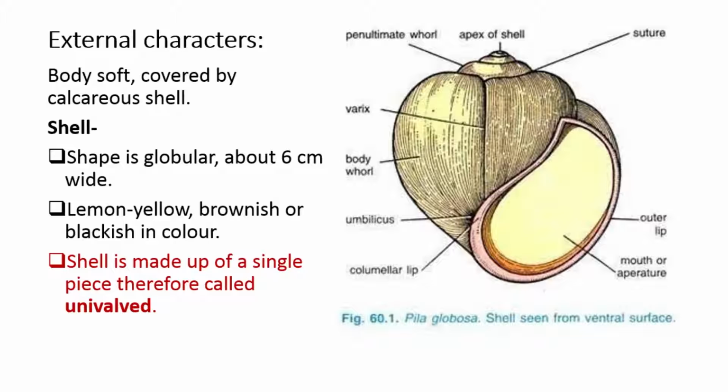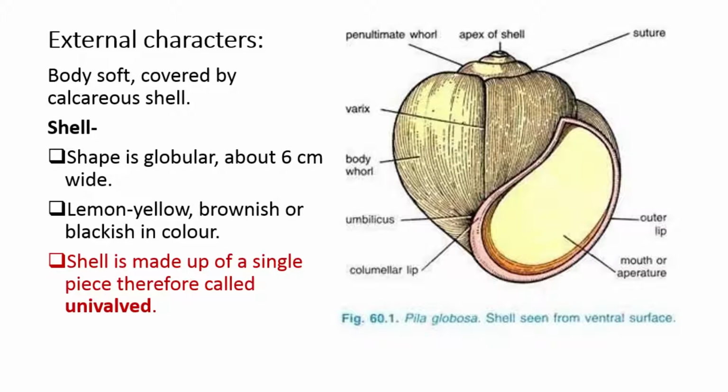Side to side length we call width. Color of the shell is lemon yellow or brownish, or even blackish can be found in the Pila globosa. This shell is secreted from the mantle itself.